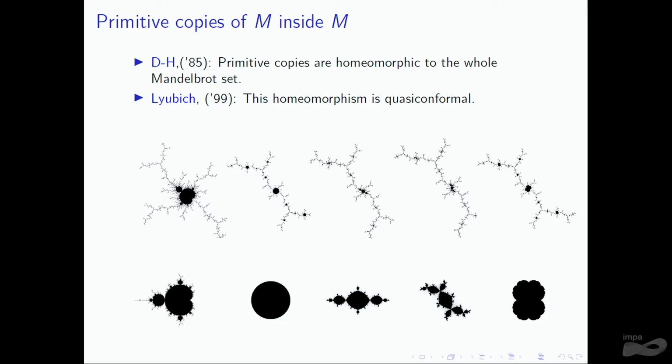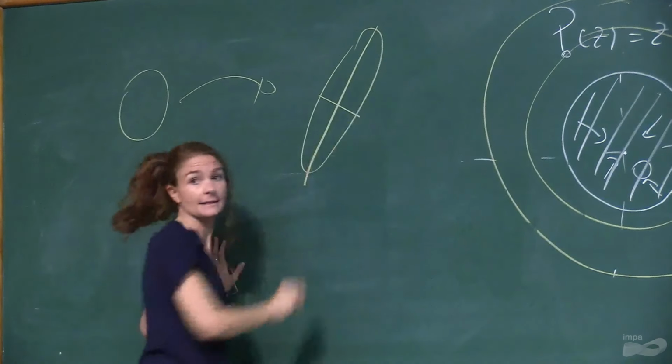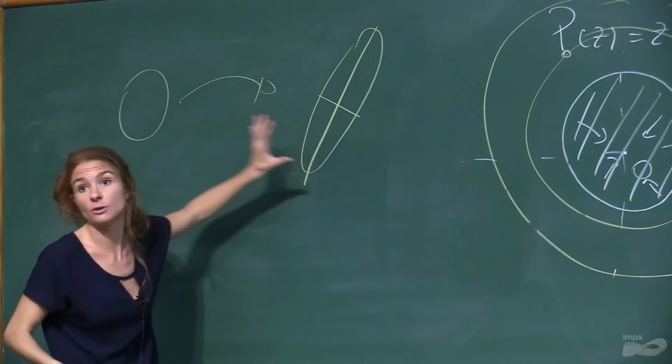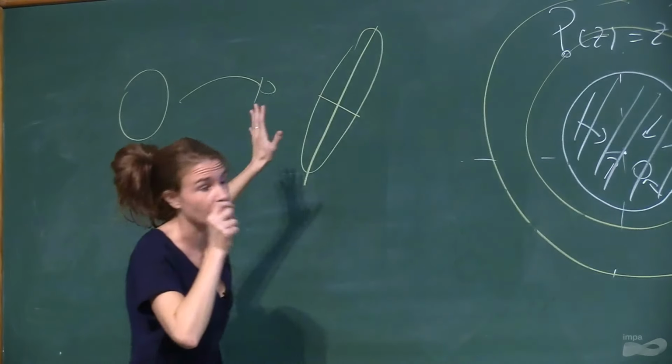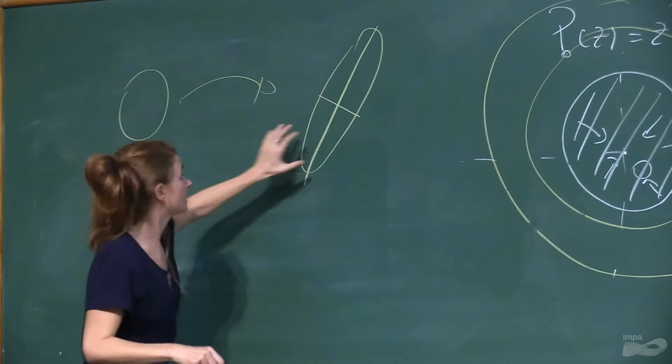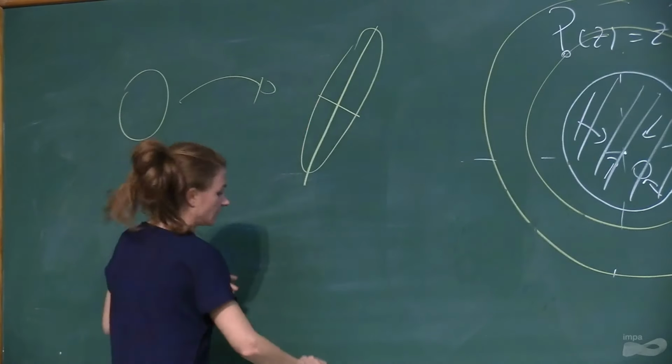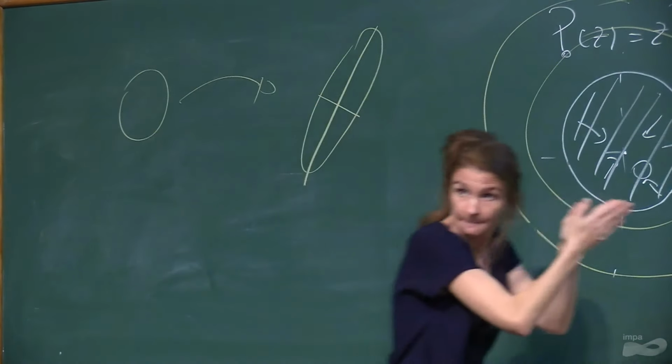So a quasi-conformal map sends circles to ellipses such that the ratio between the major and the minor axis is bounded. If this ratio is 1, then your map is conformal. This is the Weyl lemma. But in other cases, you want this ratio to be bounded. You don't want the ellipses to collapse. Okay?